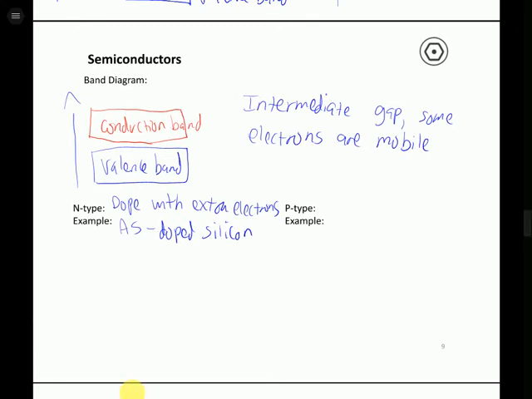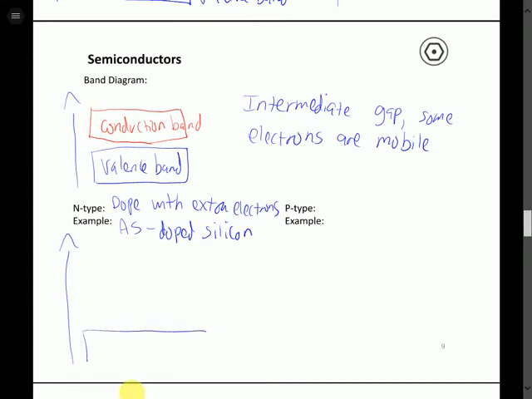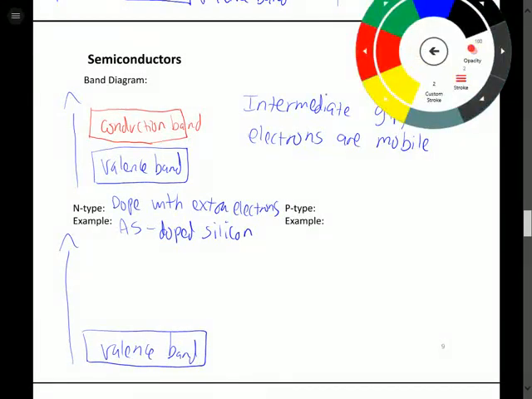So if we draw the band diagram now, we have our valence band. We have our conduction band, which has some sort of a gap involved. Actually, I'm going to exaggerate the gap here just so I can draw this more clearly at the end. We have a gap between our valence and conduction band. The conduction band again is the empty one.